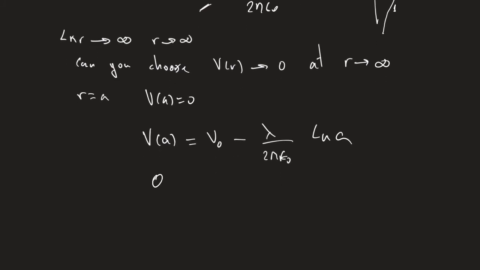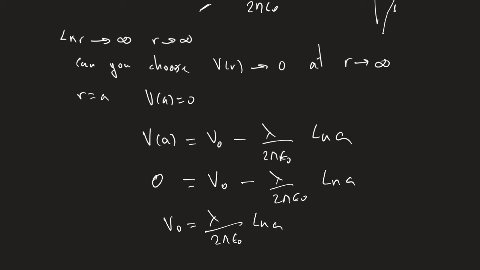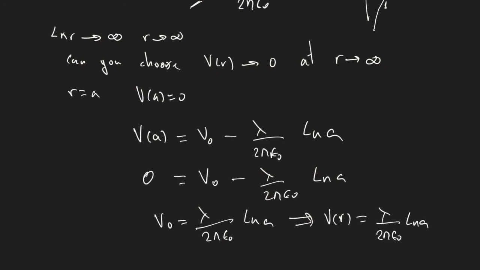I want this V of a to be 0, so 0 equals V0 minus lambda divided by 2 pi epsilon 0 times the log of a. So V0 will be lambda divided by 2 pi epsilon 0 times the log of a.